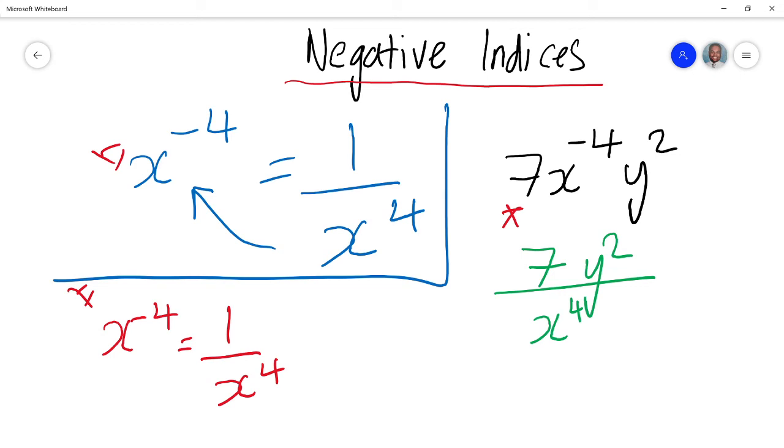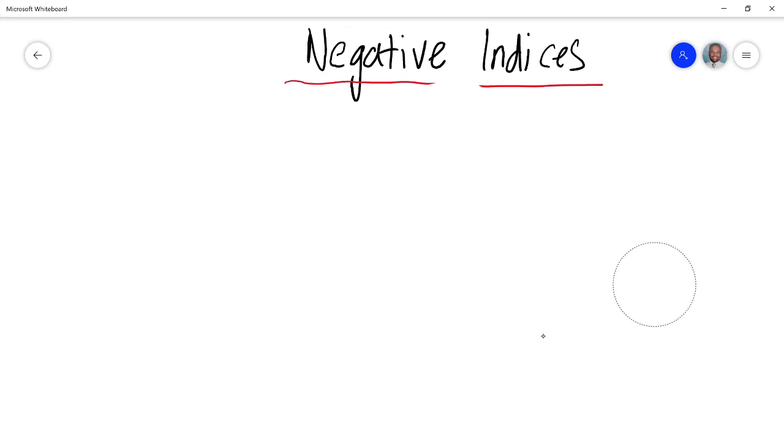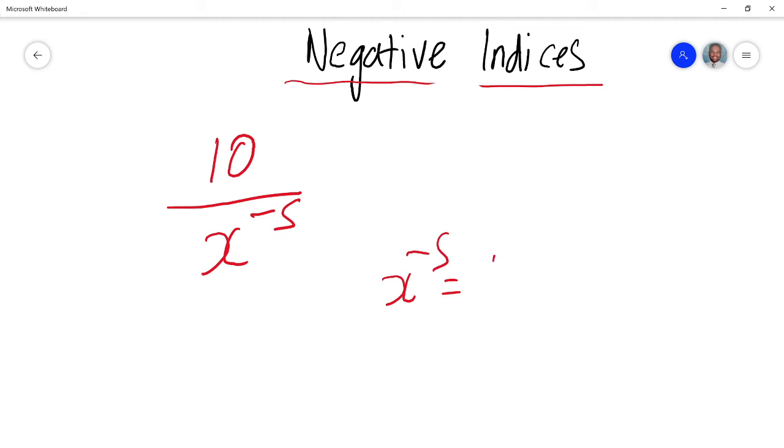Now let's look at another question. Suppose we've got 10 over x to the power negative 5. How would I convert that negative index into a positive index? If you look very carefully, x to the power negative 5 is the same as 1 over x to the power 5.